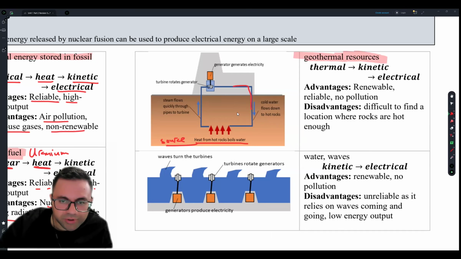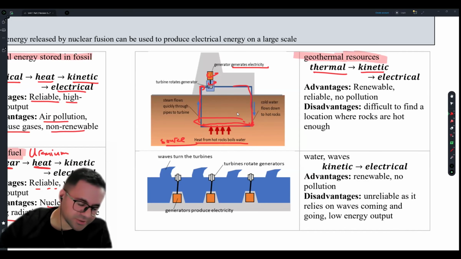So you dump the water underground, the water fills the space up, boils, turns to steam, steam rises, the steam spins the turbine, turns the generator, produces electricity. So there's no source of energy like a fuel that's consumed. It's immediately heat to kinetic, because the turbine turns, to electric.